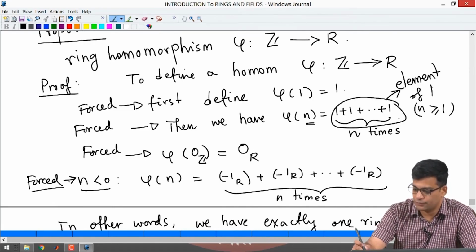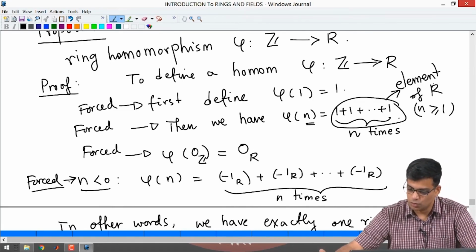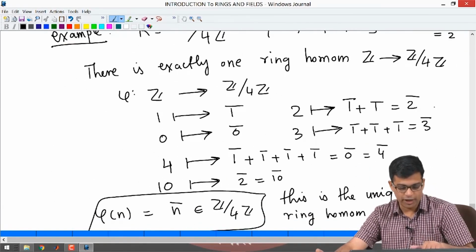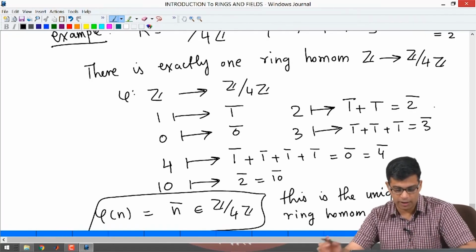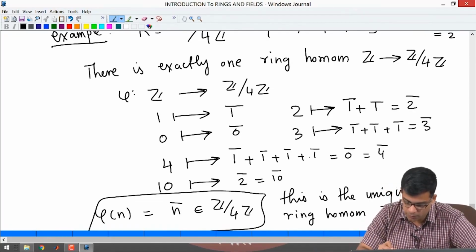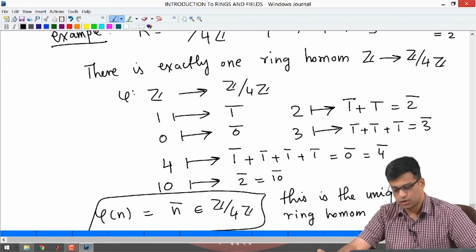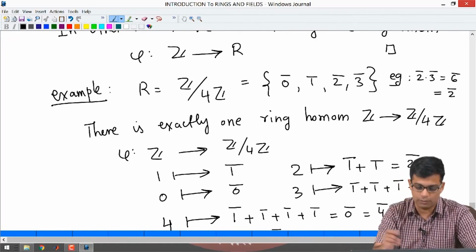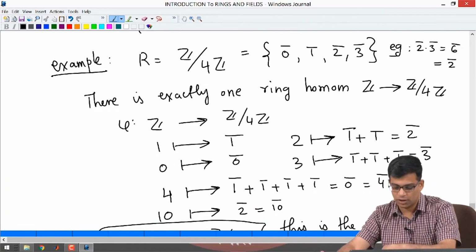Whatever you get in different situations, you will get different things. So, in the case of Z mod 4Z, if you take 4 and see where it will go, it will be 1 bar plus 1 bar plus 1 bar plus 1 bar. That is not really 4, there is no element called 4 in Z mod 4Z. That is just 0 bar.